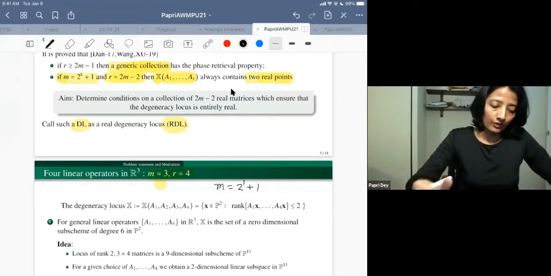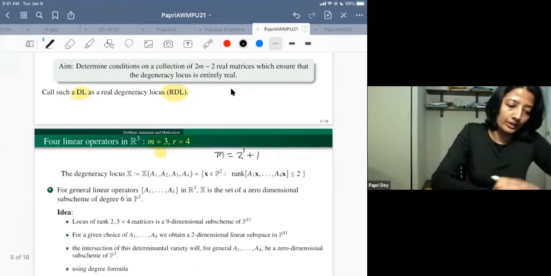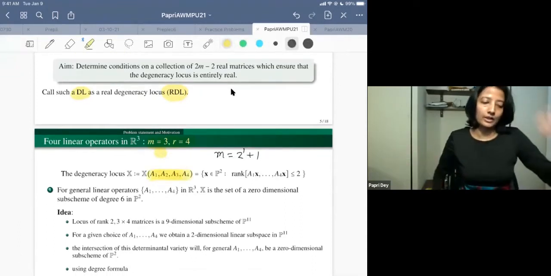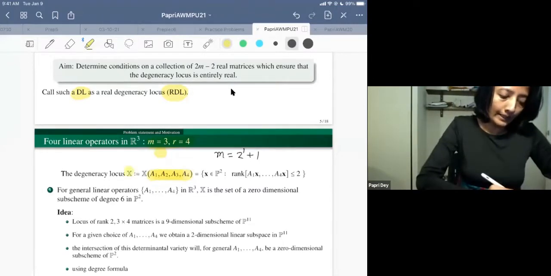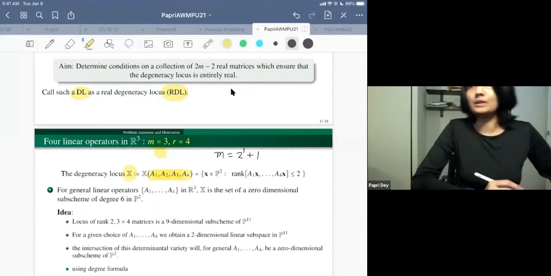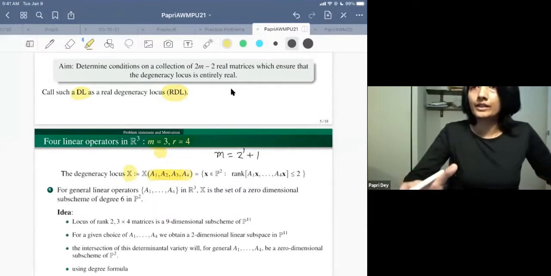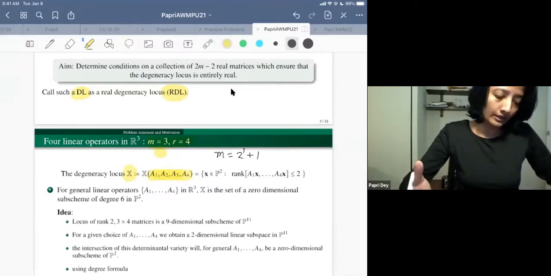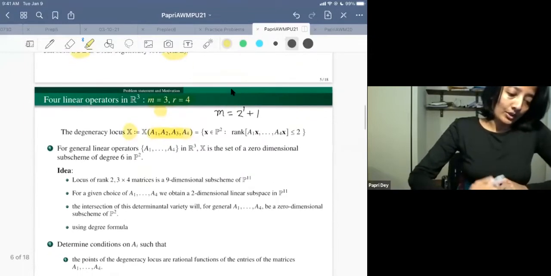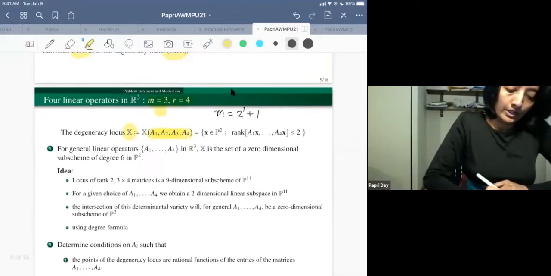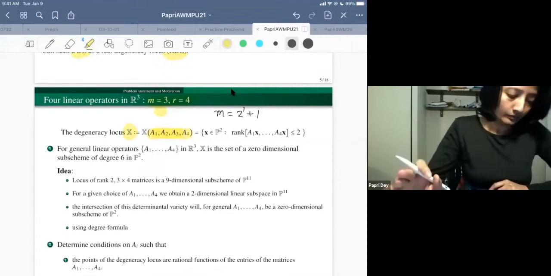Now we are interested in finding conditions on the matrices A1, A2, A3, A4 such that we get some idea about this degeneracy locus. What do I mean by idea? Like geometric configuration, dimension of this degeneracy locus, and many more things. So this locus is the set of points for which the rank of this matrix is less than or equal to 2.